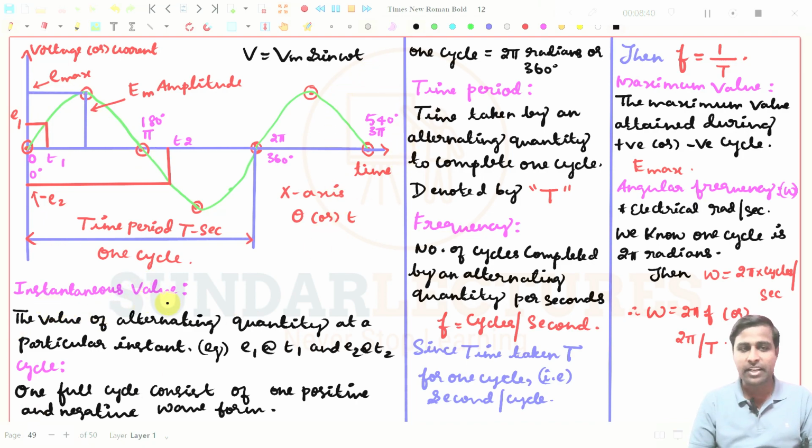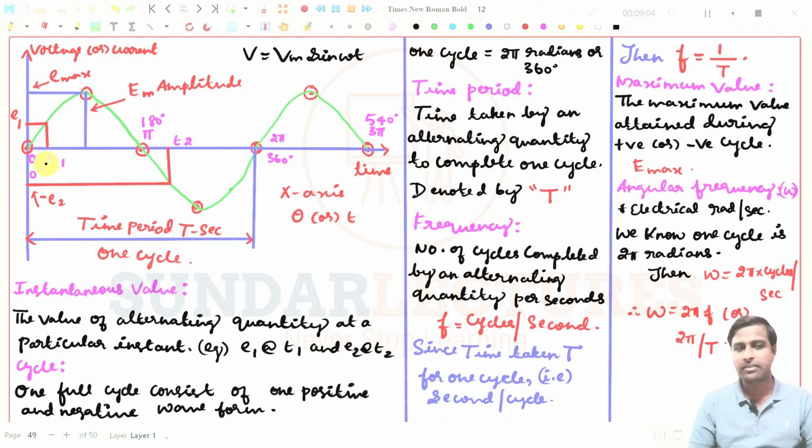So what is instantaneous value? Instantaneous value is the value of an alternating quantity at a particular instant. You see, this is one instant at t1. This is the time axis, and at t1, what is the value of this graph? At t1, this is nothing but e1. This is one instant.